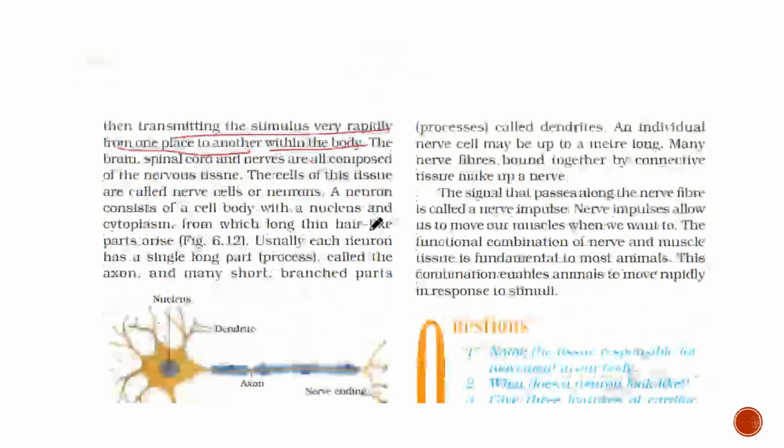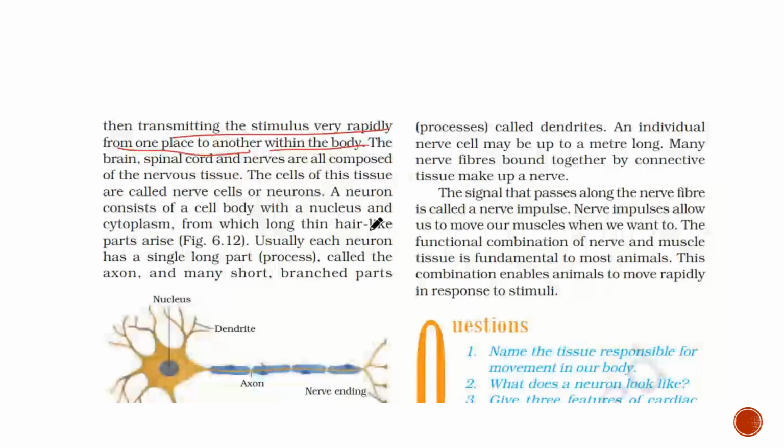Whatever stimulus you receive, like heat or light, is sent by the nervous tissue to the brain, and the brain in turn reacts, and you give the response with the help of this nervous tissue only. The brain, the spinal cord, and the nerves are all composed of nervous tissue. Is it clear to all of you?